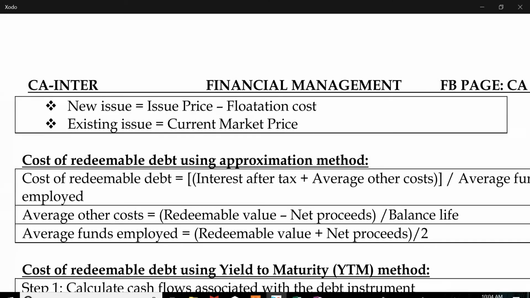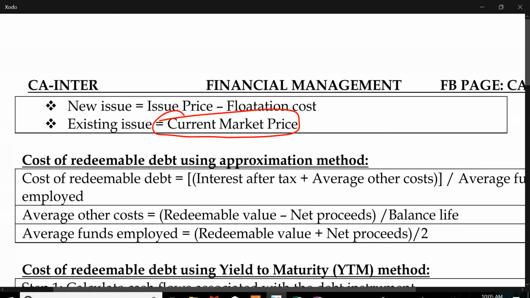The same issue after 4 years becomes an existing issue. If it's an existing issue, net proceeds means current market price. Why current market price? The assumption is, if you make an issue today, what price will you get? You will get the current market price. So for an existing issue, the net proceeds is the current market price.